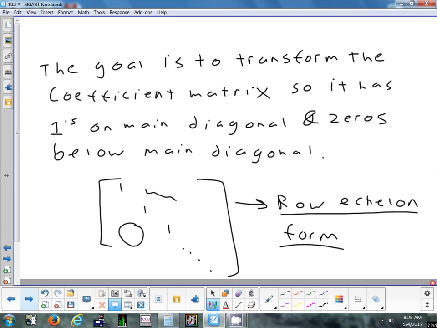If you only do row echelon form, it's like you're only doing half of it. And you're going to have to go back and use substitution to finish the problem. Okay, so the two options are do row echelon form and finish the problem with substitution, or do reduced row echelon form and do the whole thing with a matrix. Don't use any substitution at all.